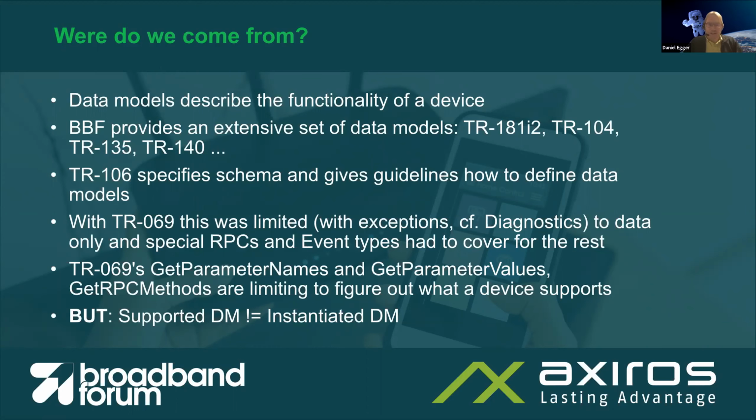And as I just mentioned, those RPCs, GetParameterNames, GetParameterValues and GetParameterAttributes, really only work on instantiated data. So we need to get a little bit into what that actually means, the instantiated data model, and what we also support in USP, because the instantiated data model is not necessarily the information that you want if you're interested in figuring out what the device supports.